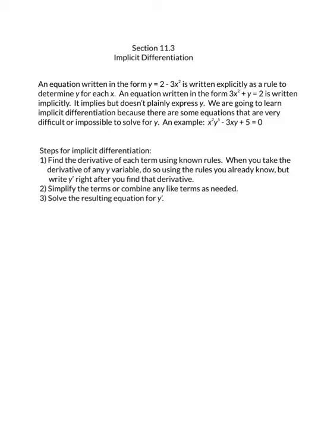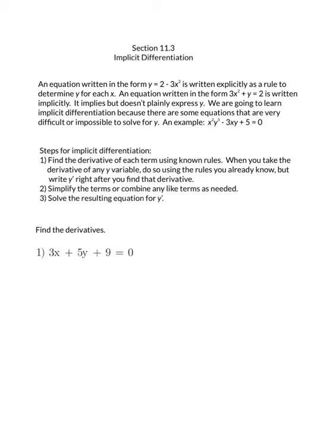What's different is when you take the derivative of a y variable, you do so using the rules you already know, but as soon as you finish your derivative, you write y prime right after it. After you go through and do the derivative of each term, you simplify the terms or combine any like terms as needed, and then you solve your resulting equation for y prime.